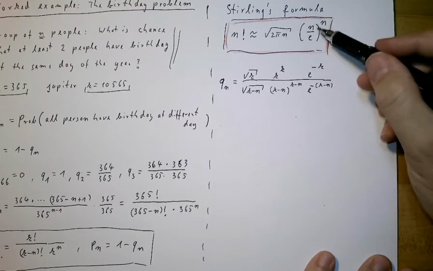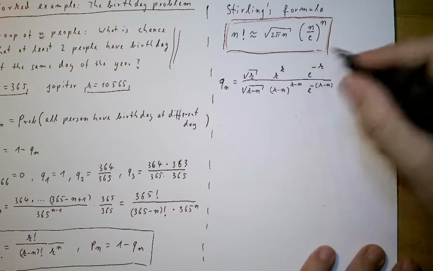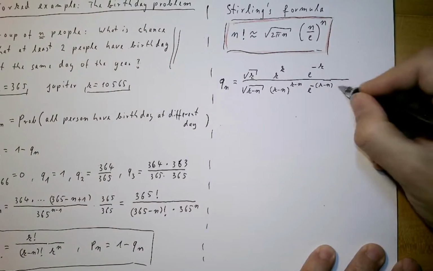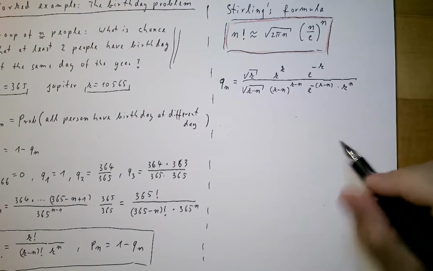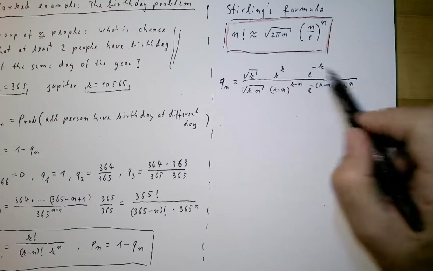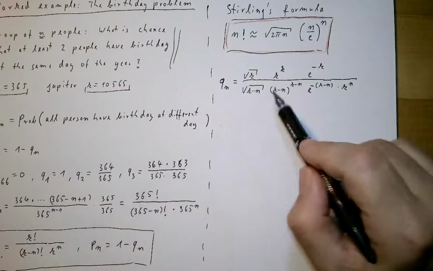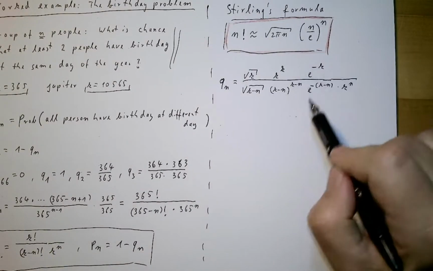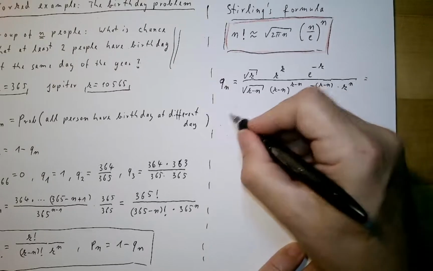Now we have done Stirling's formula for the factorial terms, and then it's still missing this here, so we still need times k to the power of n. So we have now used Stirling's formula. This looks maybe even more complicated than what we had before, but these are all now analytic functions that we can deal with.